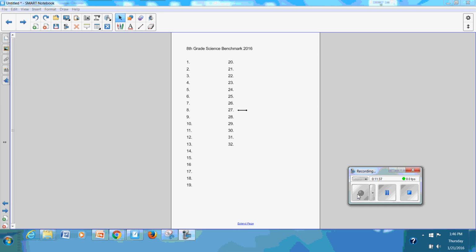Question 27. A student placed 2 grams of baking soda in a balloon and 100 milliliters of vinegar in an Erlenmeyer flask. After stretching the opening of the balloon across the neck of the flask, the student raised it to dump the baking soda into the flask. He immediately observed foaming bubbles in the flask and the balloon began to expand.